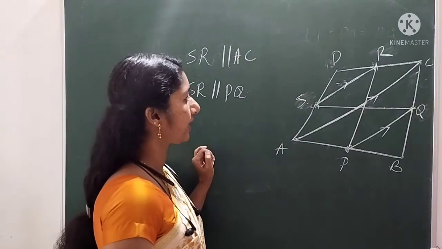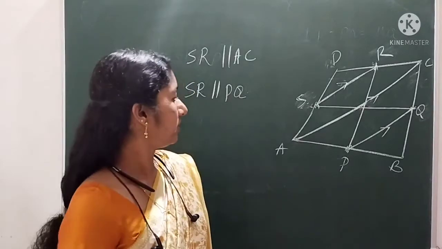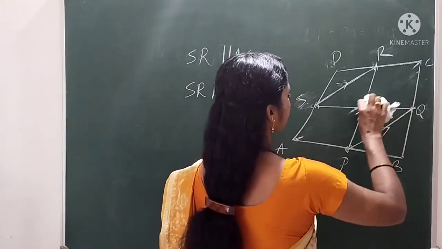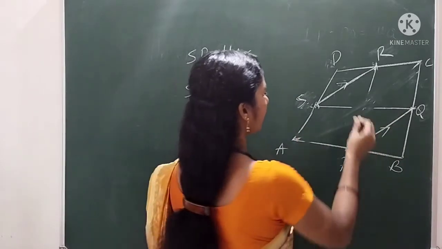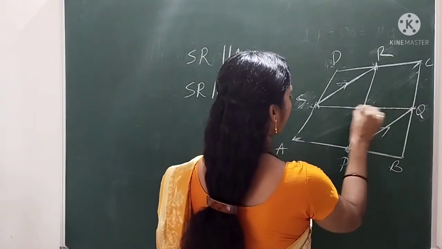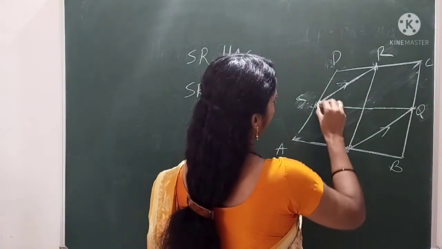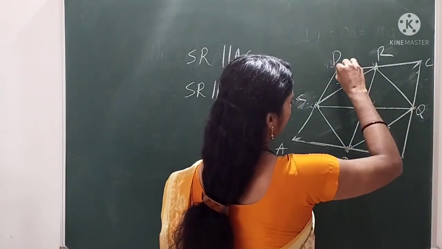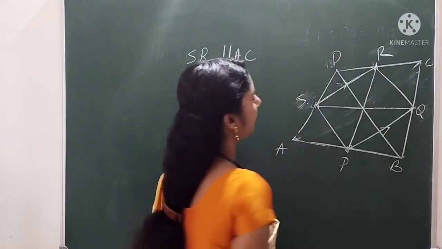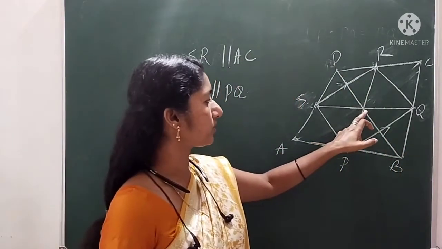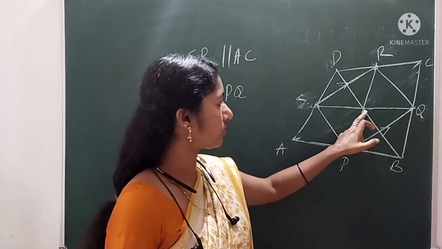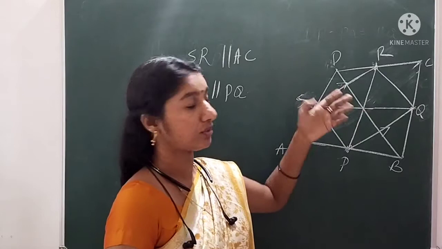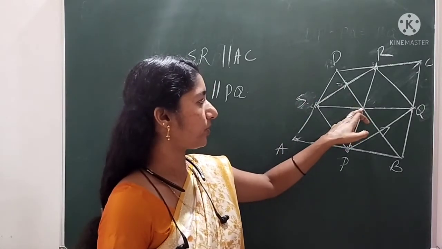If you draw the diagonal BD, I'm just rubbing this one, otherwise so many lines will come. SP and RQ joining and the diagonal BD joining. It's not certain it is passing through this point; I drew it accidentally passing through this one. Previously I purposefully did not draw it through this point.